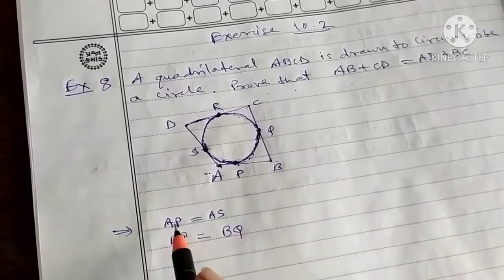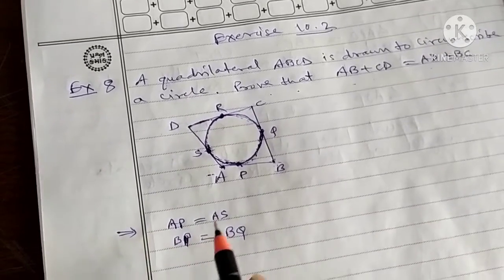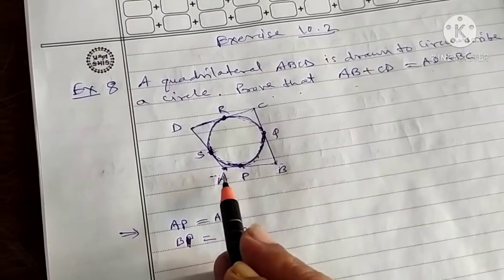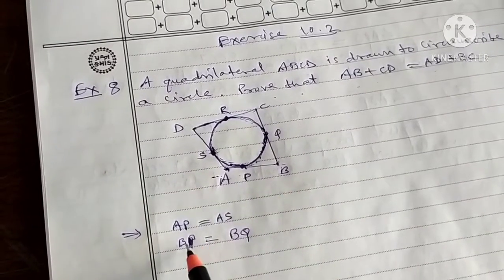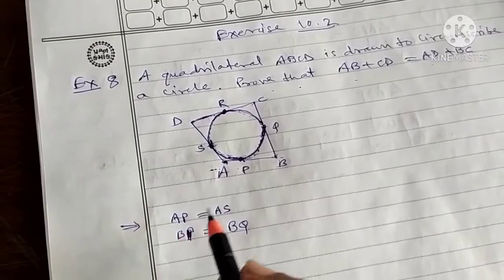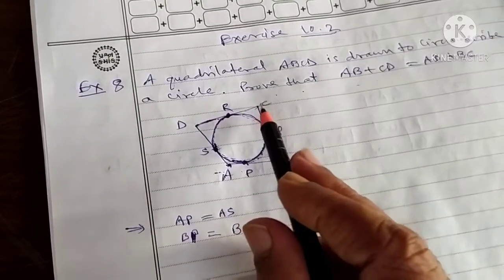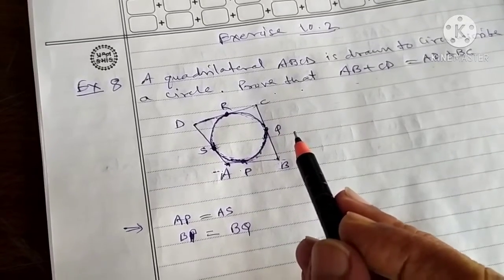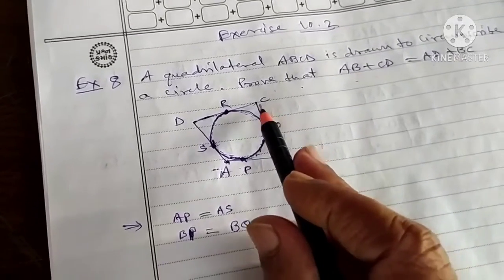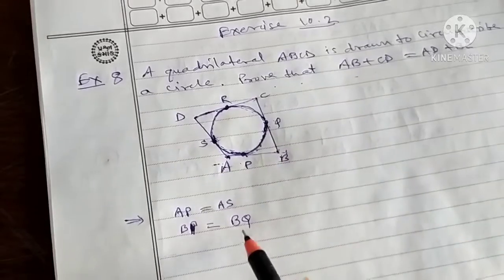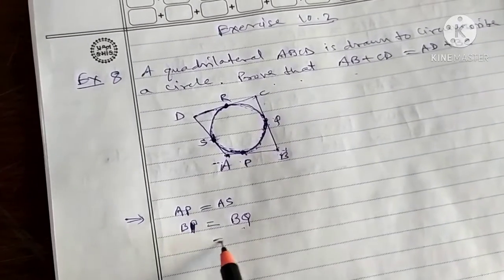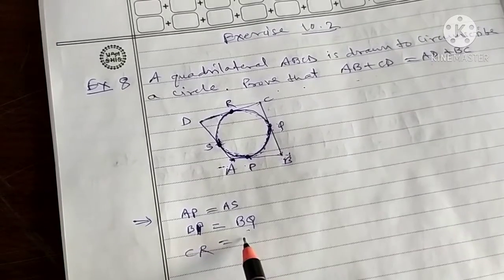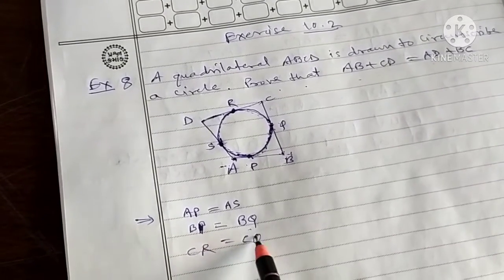We have to keep this in mind because we are going to add to get AB. If I want AB, I can add AP plus BP. Yes or no? So BP is on the side of AP. Now I will go to point C. From C, CR equal to CQ. Yes or no? Then CQ plus BQ is BC. BQ is on this side, so I will write here CR equal to CQ.